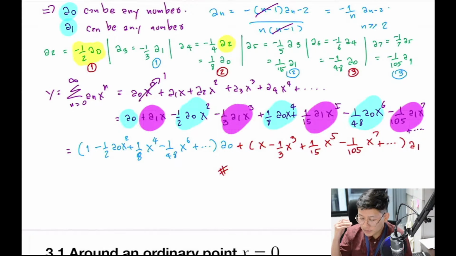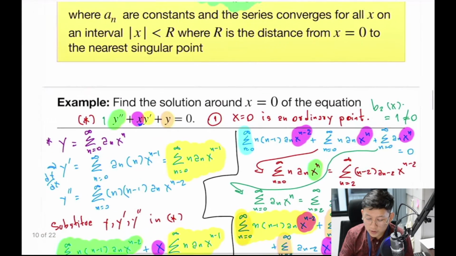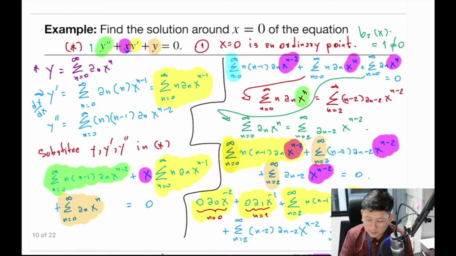Cool. So let me recap what we have done in this long question. First we look at the equation. We want to find the solution around x equals 0, so first we need to check whether or not x equals 0 is an ordinary point.